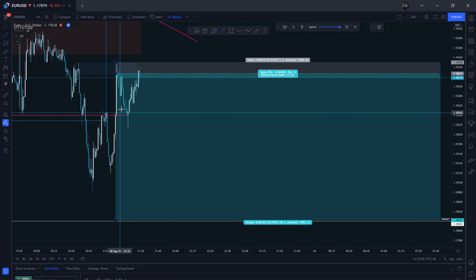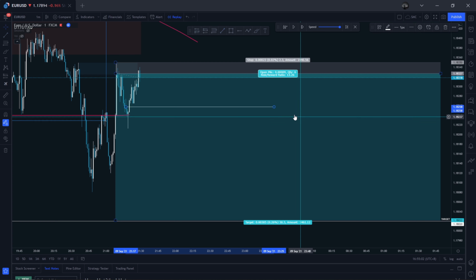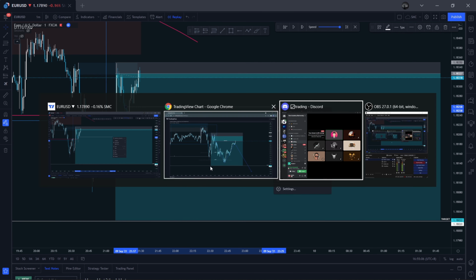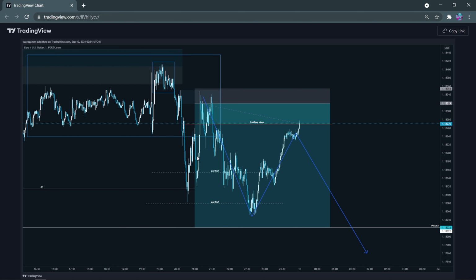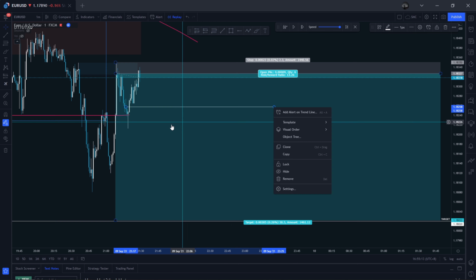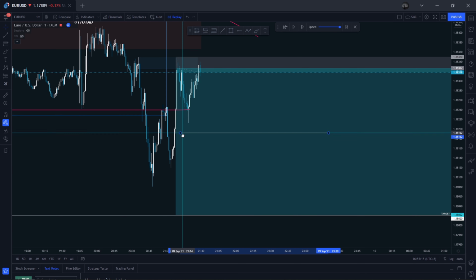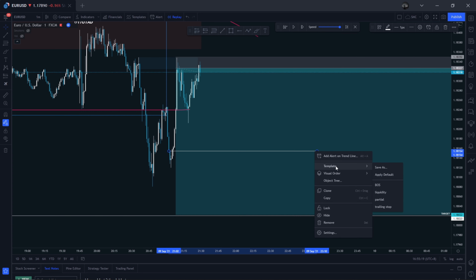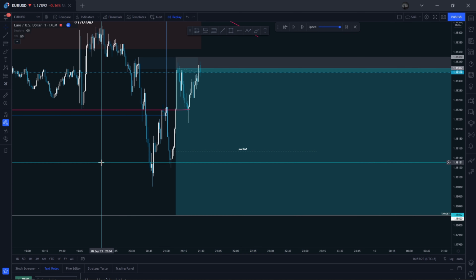So my partial zone was at this OB right here. Wait, let me check. OB, oh, my bad. It was here. This open of the OB, because price, again, partial.